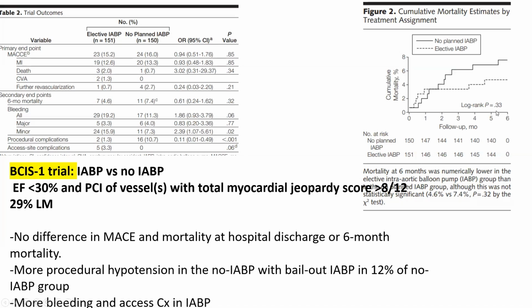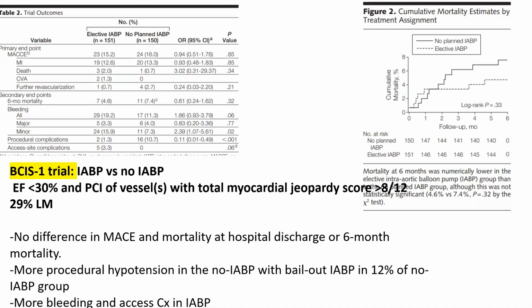Interestingly, on long-term follow-up, at 4 years, the balloon pump arm had better mortality than the no balloon pump, but there was no mortality difference at 30 days and 6 months. So it was probably a hazard finding at 4 years. So again, no data support widespread use of balloon pump, although maybe based on the 6 months, but especially the 4 years data.